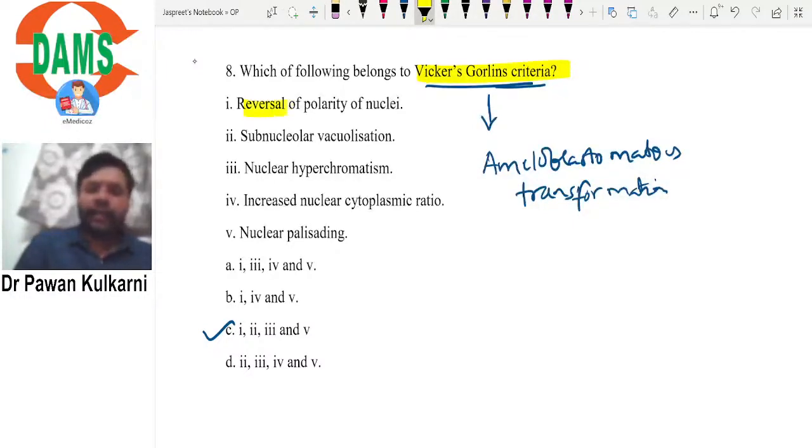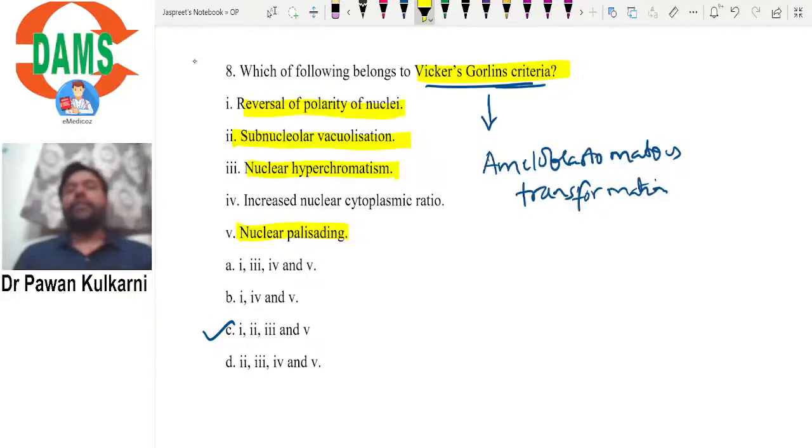I'll just highlight that: reversal of polarity of the nucleus, subnuclear vacuolization, nuclear hyperchromatism, nuclear palisading. Okay, so all these are nothing but the Vickers-Gorlin criteria, which are characteristic of the ameloblastomatous transformation. So that is the reason histology of dentigerous cyst is very important.